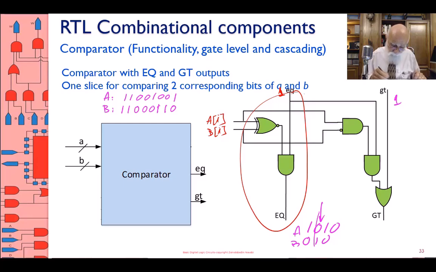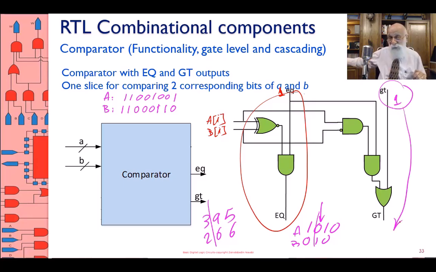Like, for example, if you have 395 and 266, if the decision has already been made by 3 that A is greater than B, then the rest of the digits are in no position to override that. And therefore I say, well, if the decision has already been made, just pass on the decision to the next bit, and let that other bit also pass on the same information. Okay? So that's the reason for this OR.